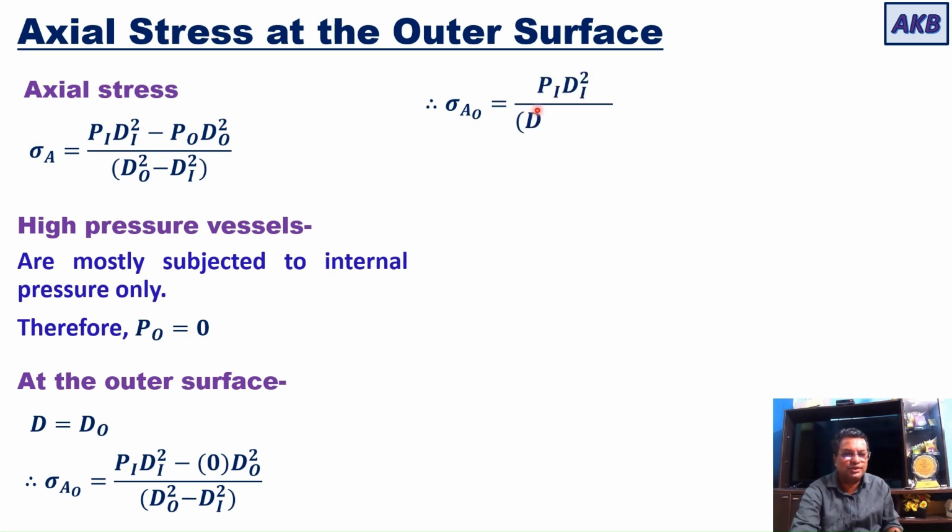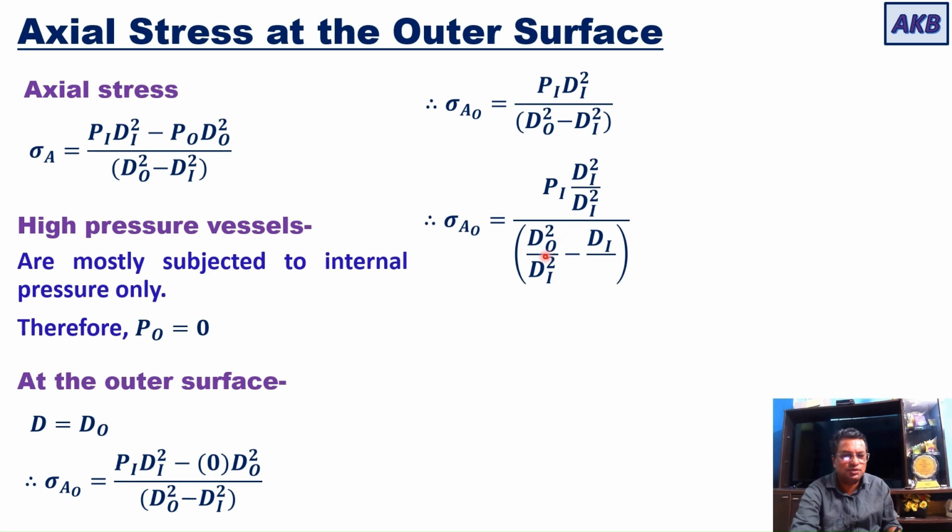That is, sigma AO is equal to Pi di square upon do square minus di square, and that is sigma AO is equal to Pi di square upon di square into (do square upon di square minus di square upon di square). Taking di square common, you get sigma AO is equal to Pi upon (do square upon di square minus 1).